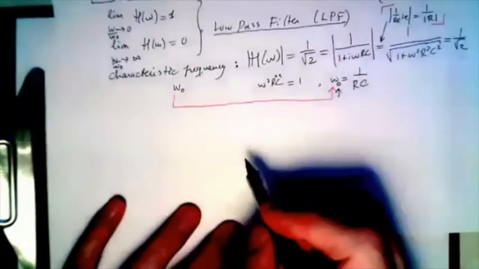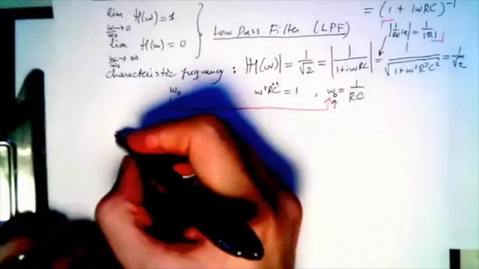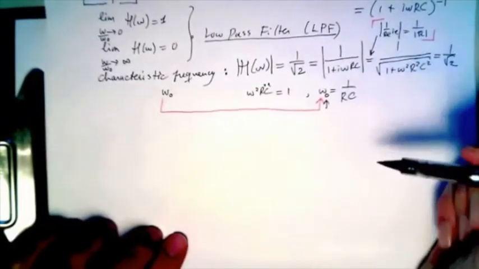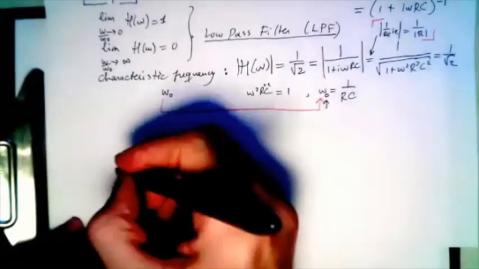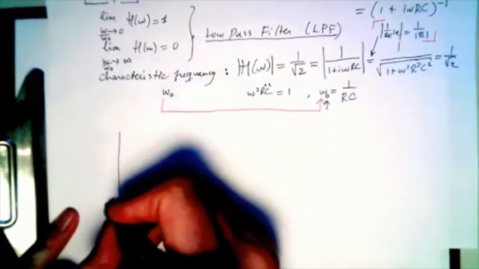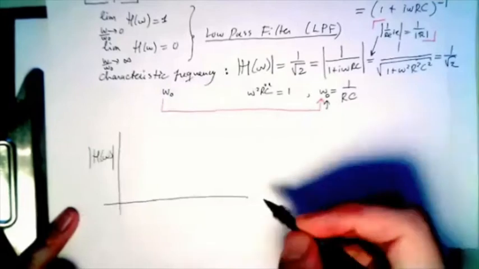So this transfer function we can draw. It's usually 2 plots. It's the absolute value versus frequency.